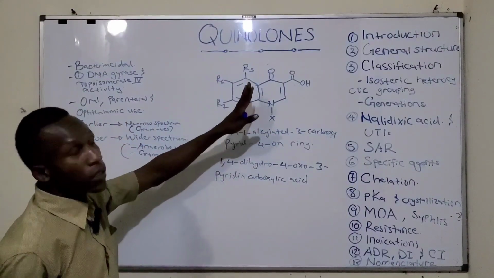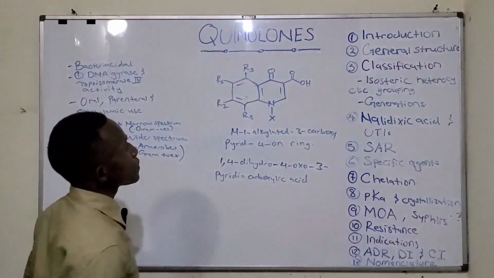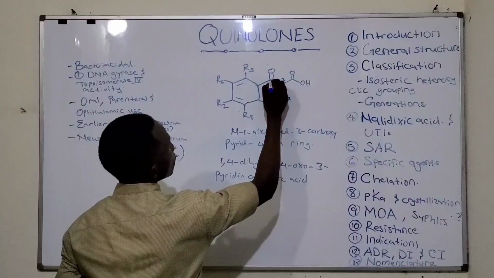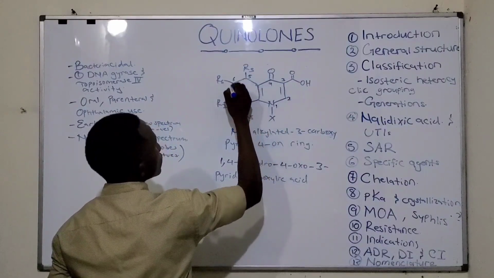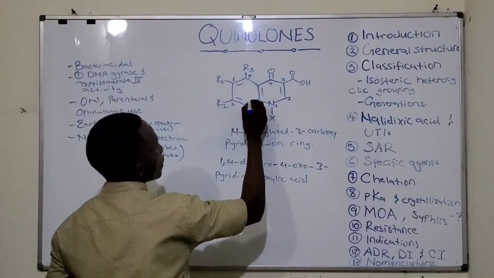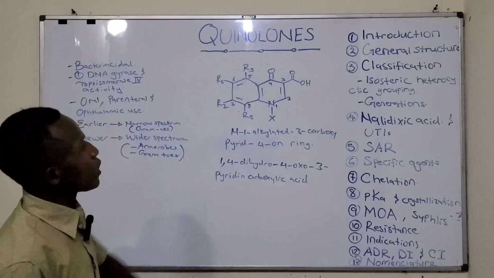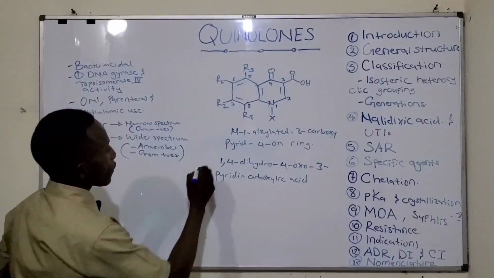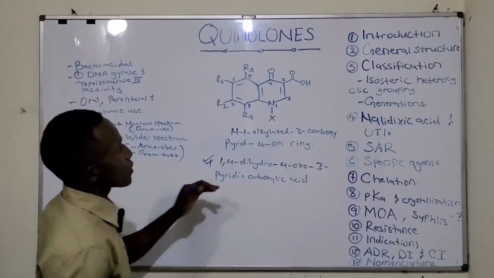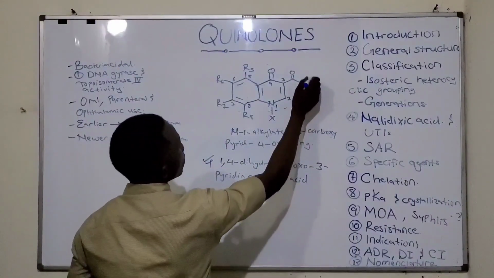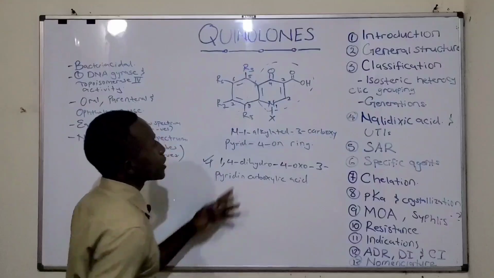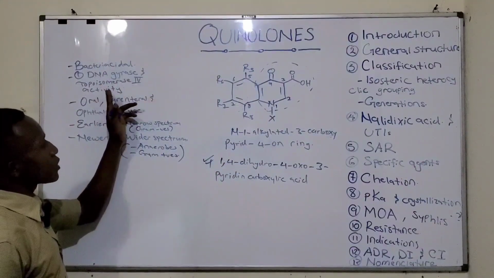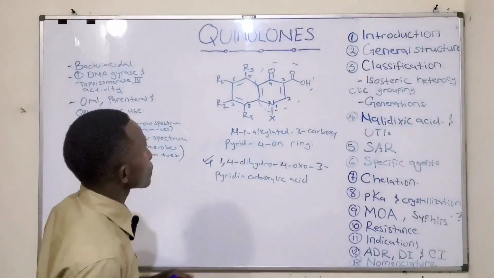Those are groups which can be modified or changed. So this is position 1, this is 2, 3, 4, 5, 6, 7, and 8. This is the general structure for all the quinolones. The pharmacophore is responsible for binding to the DNA to inhibit the activity of the DNA gyrase and topoisomerase 4.